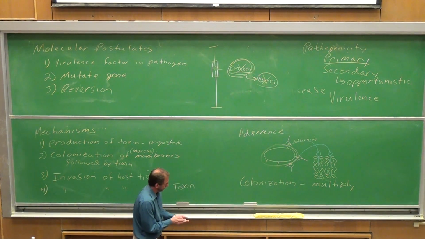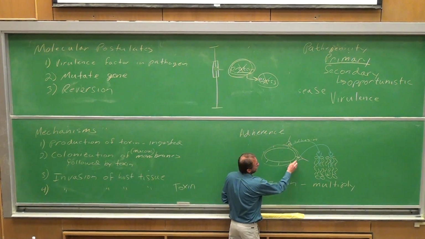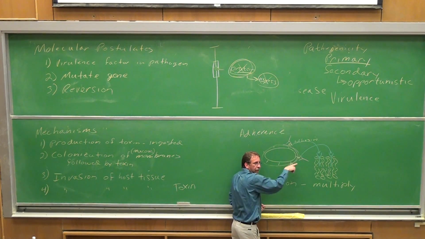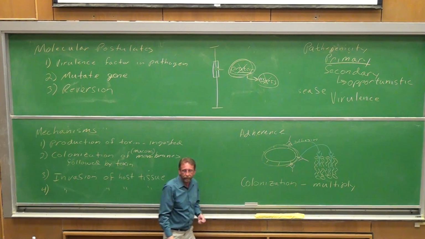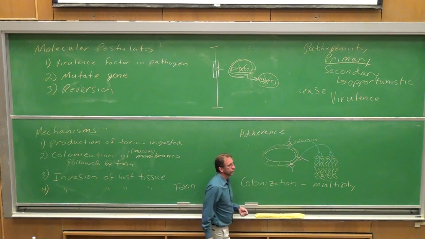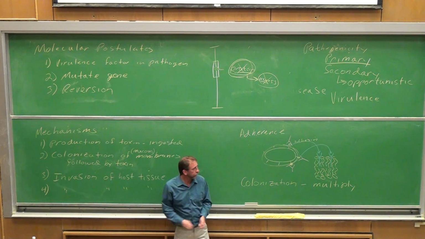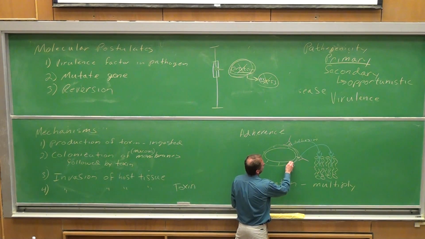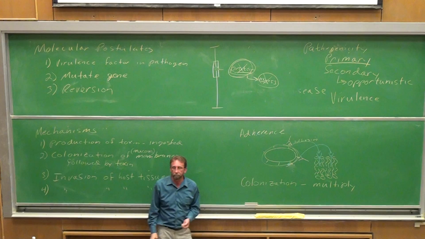The other thing that it can do is change the antigenic properties on the cell membrane. So if this antibody is binding to this particular molecule, maybe it changes this molecule to something else, and so now the antibody can't bind.